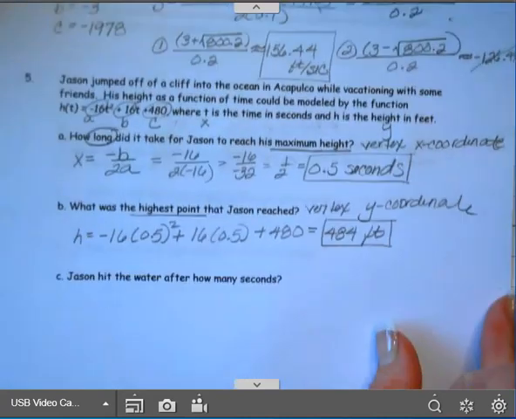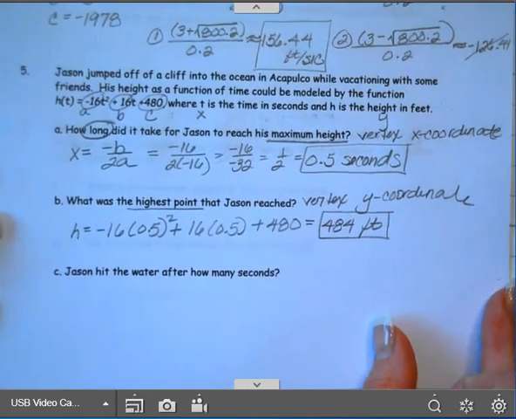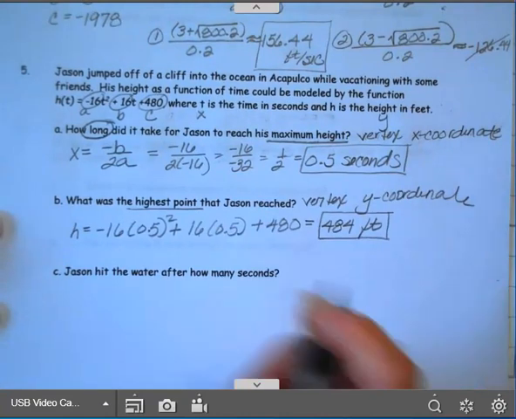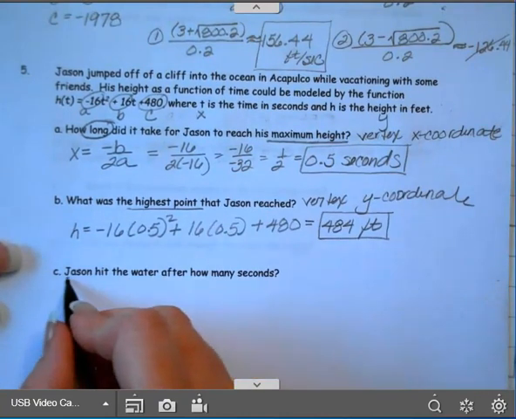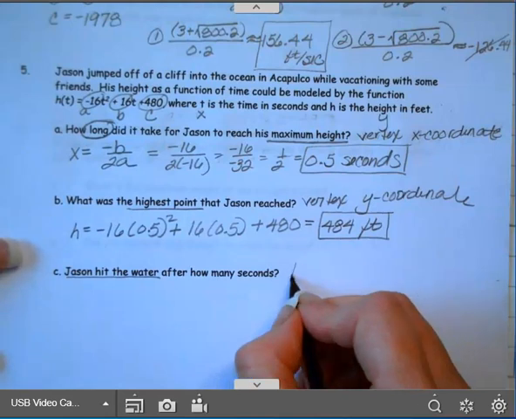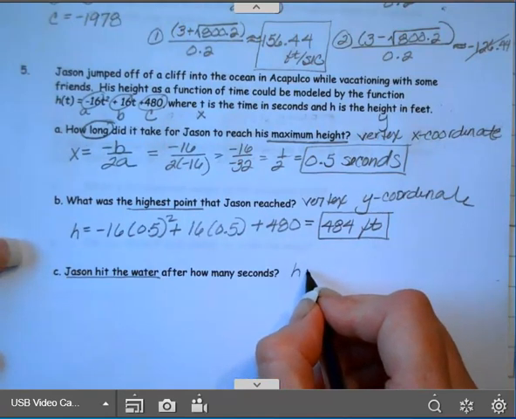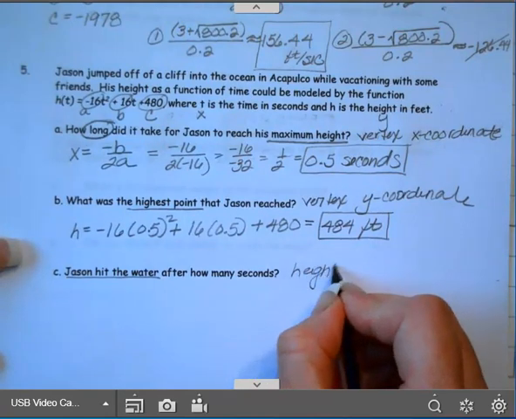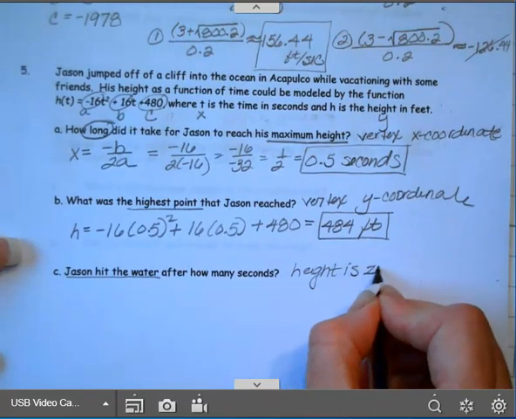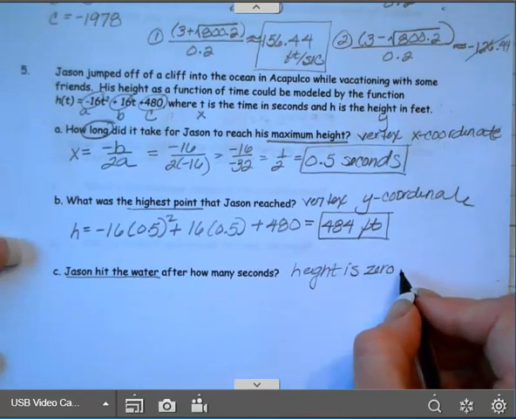And the last thing it asks for is Jason hit the water after how many seconds? Okay, when he hits the water, that's when the height is 0. So you're at ground level.